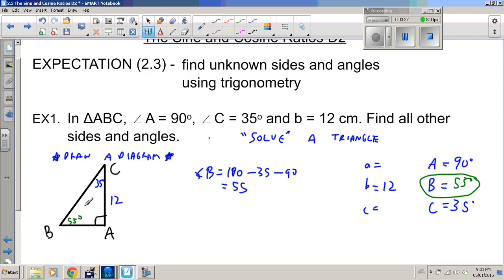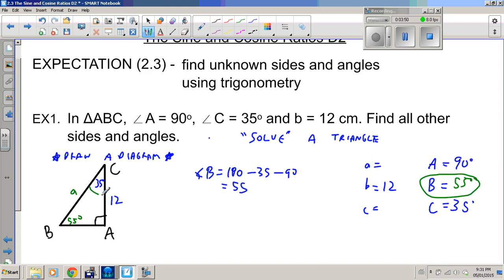Dandy. And then now find out one of these other ones. Well, which one? Doesn't matter. Let's try and find A first. And then say, well, which angle do I use? Well, it doesn't matter.